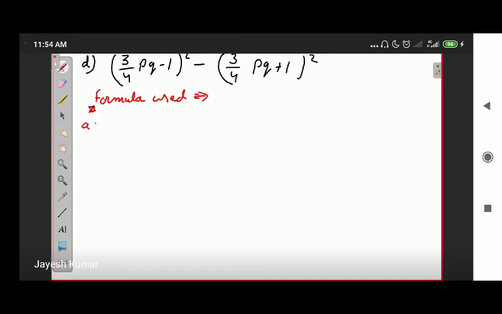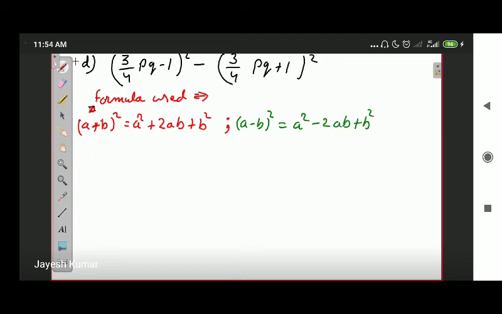That is a plus b whole square is equals to a square plus 2ab plus b square, and another one is a minus b whole square, that is equals to a square minus 2ab plus b square.